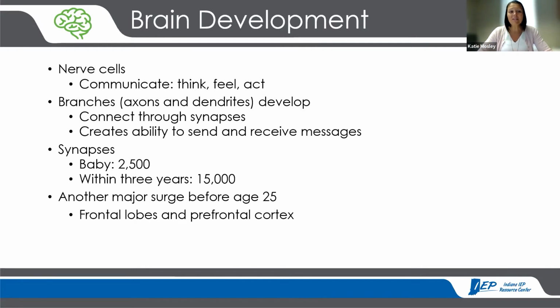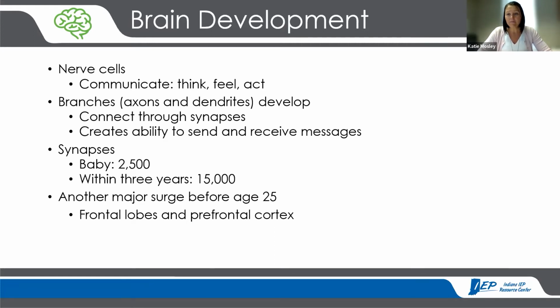So these little synapses are important because as a baby, we have about 2,500. Within 3 years, we have 15,000. And so you can see just the impact of those first 3 years of life.